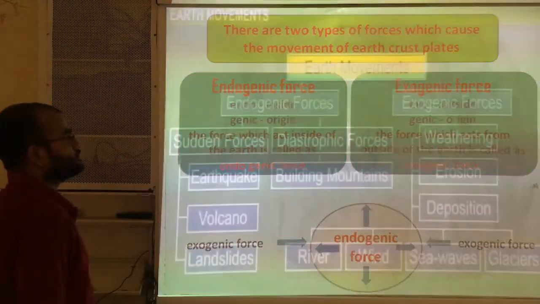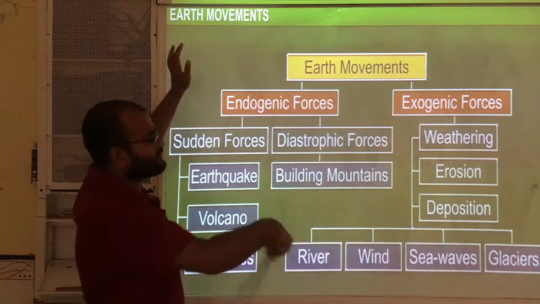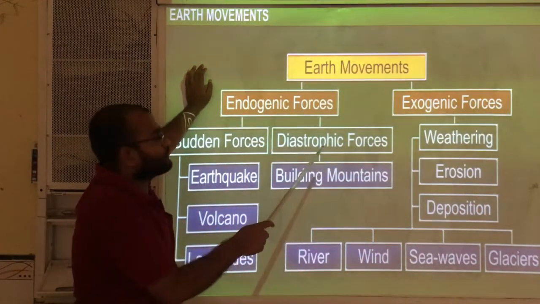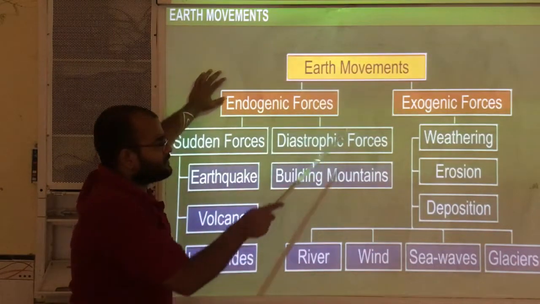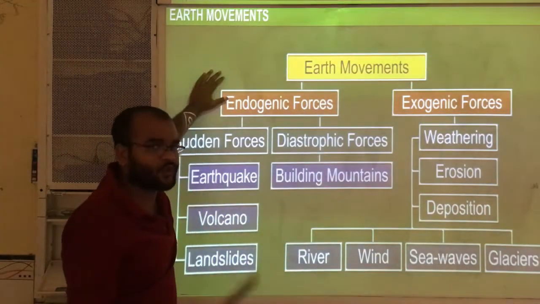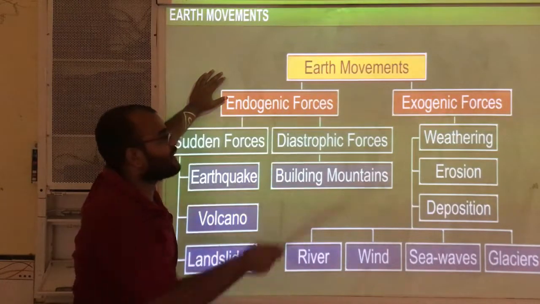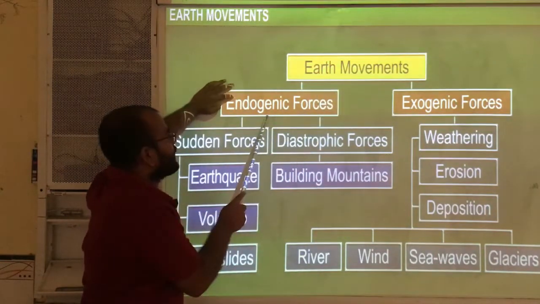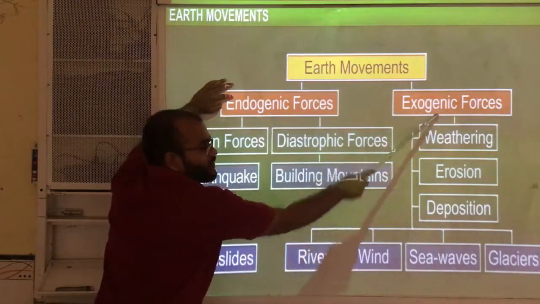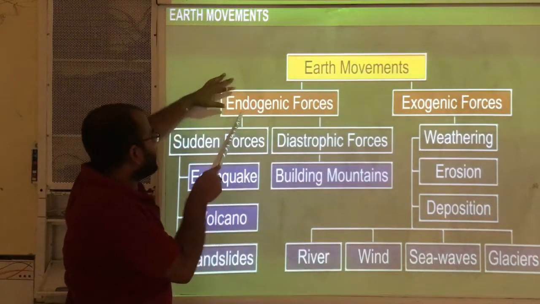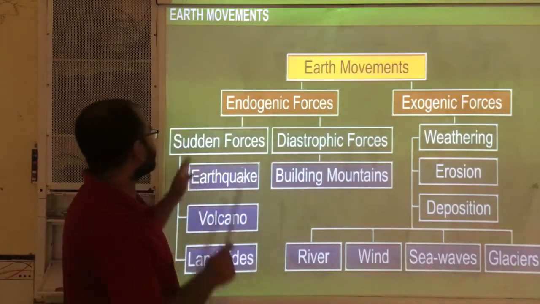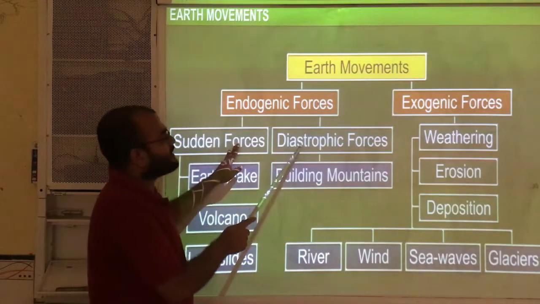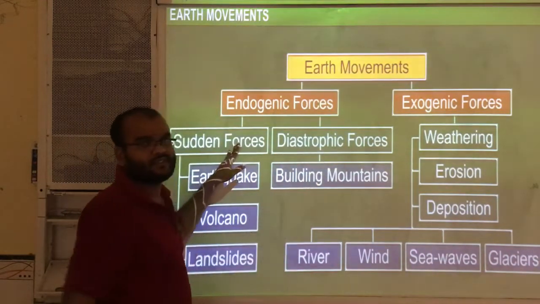See here, the classification of the forces which cause the earth movement. One is endogenic force, second one is exogenic force. This endogenic force is again of two types. One is sudden force, another one is diastrophic force.